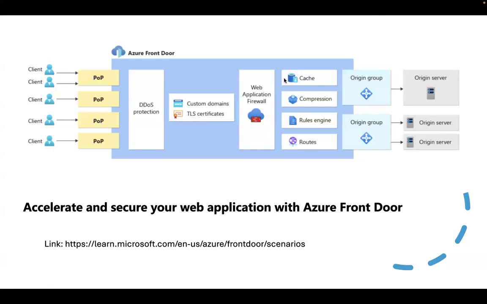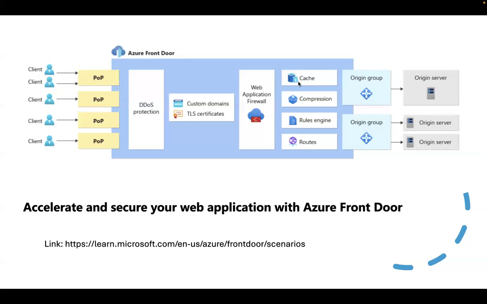Then the request will be checked in cache. This is important. The main use of Front Door is cache. The cache checks: did I serve this kind of request before? If yes, I have some data, then the request will be served from the cache itself to the client.